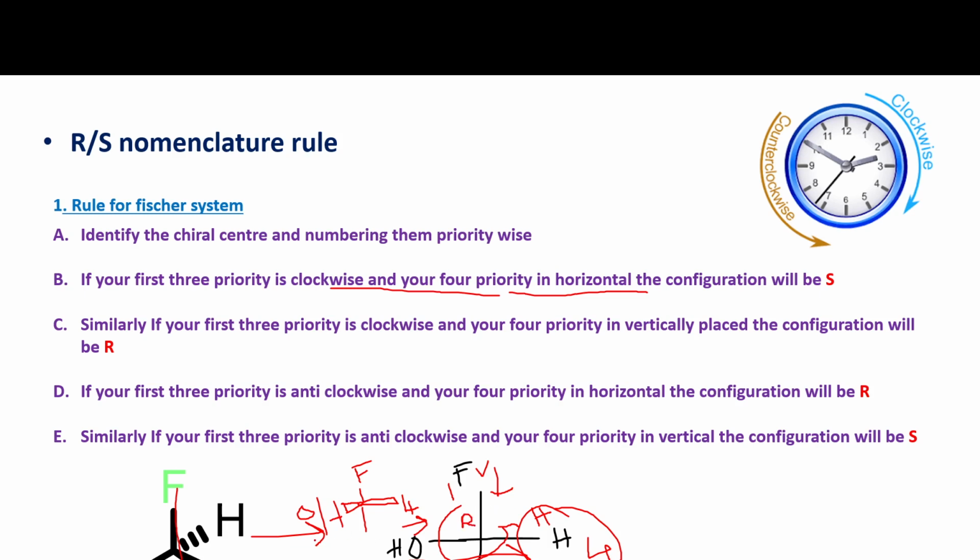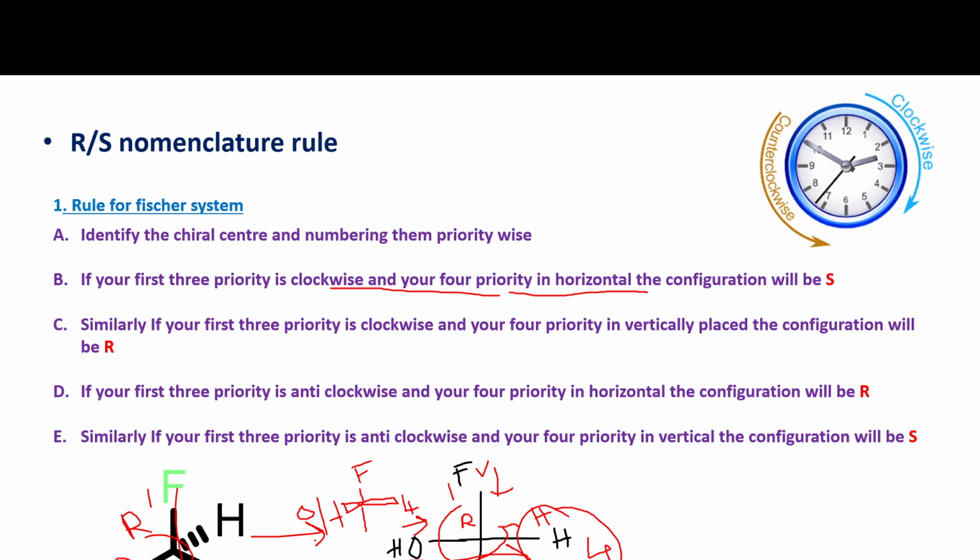How can we identify whether this drawing is right or wrong? Like this: this will be the first priority, this the second priority, and this the third priority, and it rotates in which direction? Right-handed, the clockwise direction. Clockwise direction means it will be your R configuration. So these are matching.